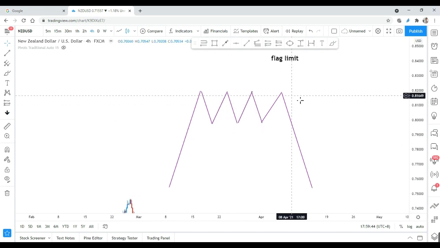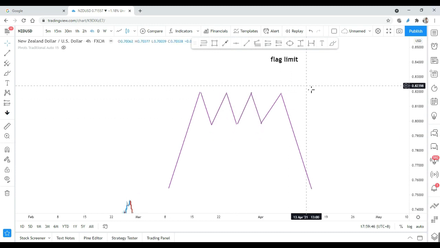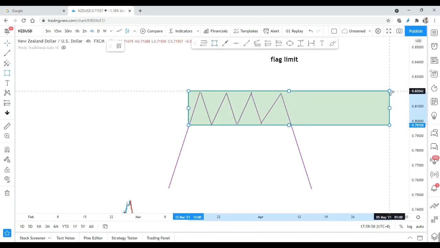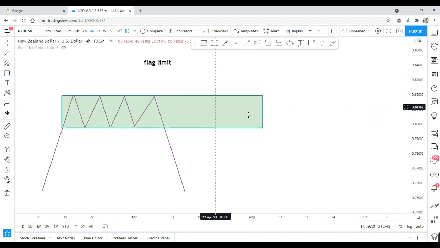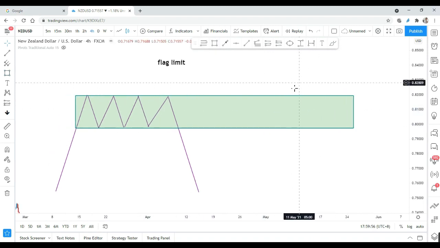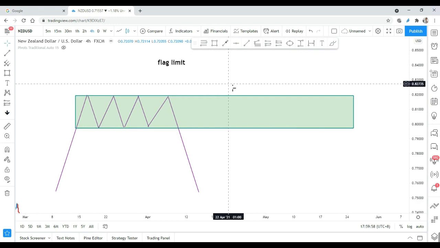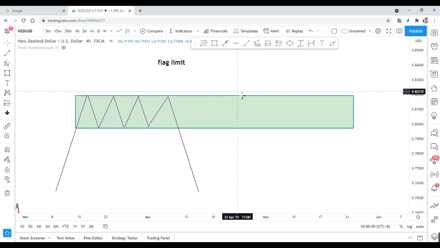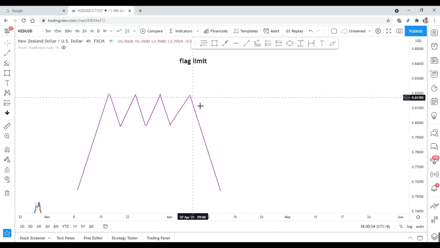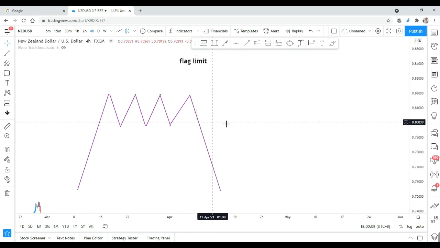In actual, you can do your entry based on the whole base zone, the candle itself in the higher time frame. However, if you switch to a smaller time frame, you need to take note of this movement down here.